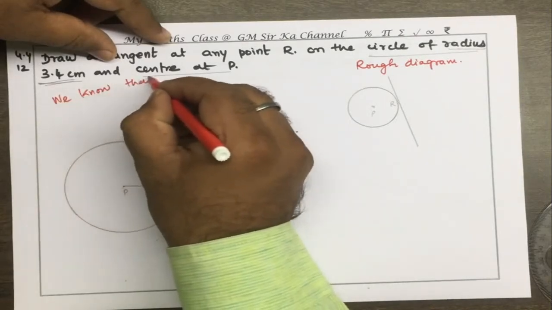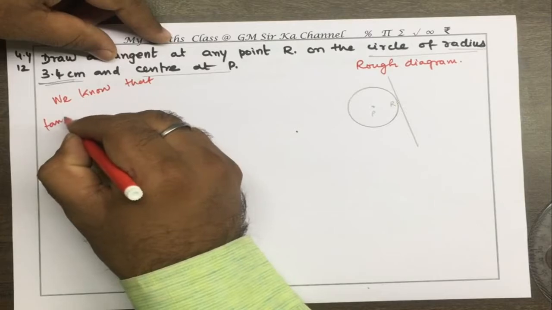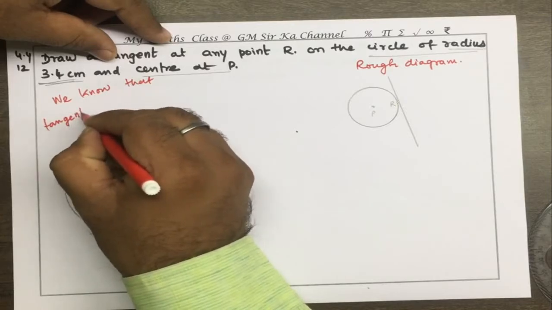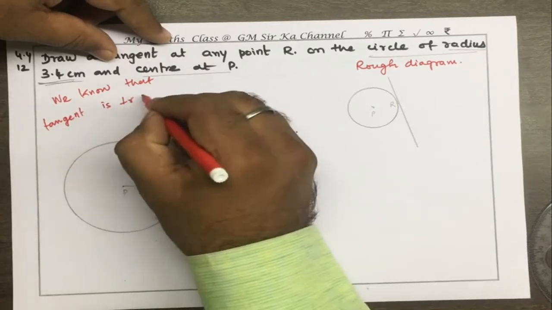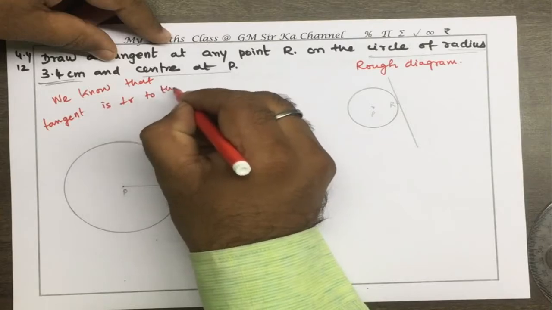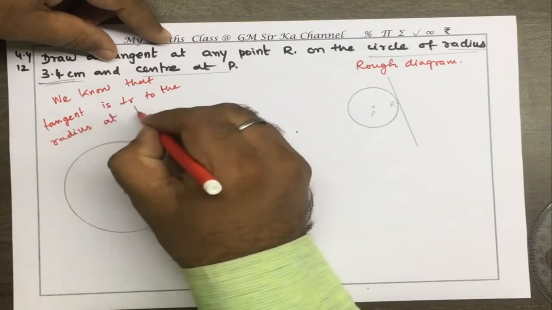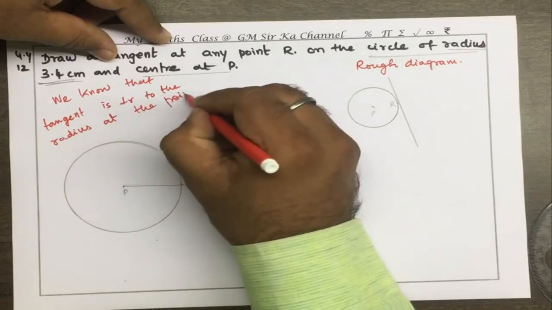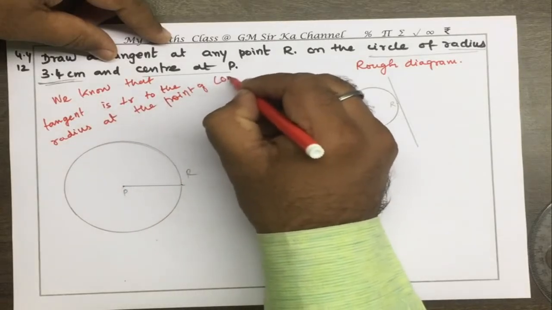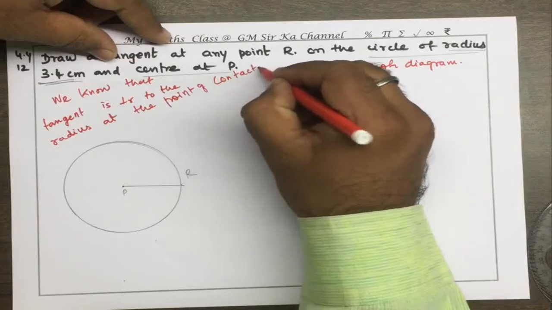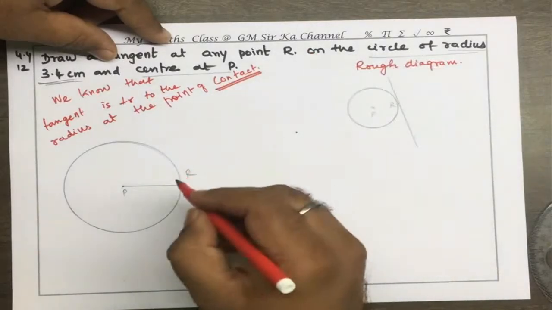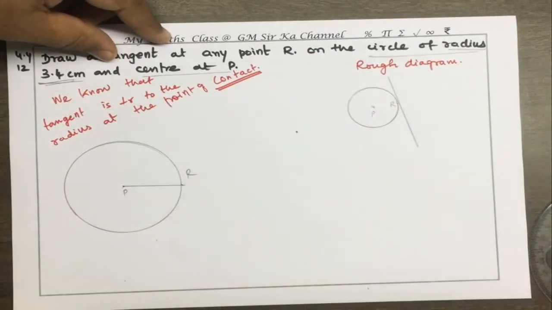We know that tangent is perpendicular to the radius at the point of contact. That means now we have to draw the 90 degree angle here so that we can draw the tangent.